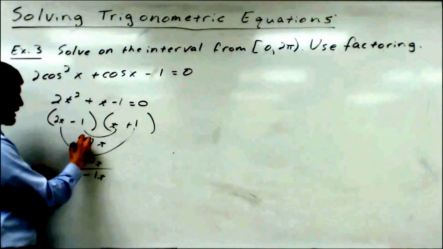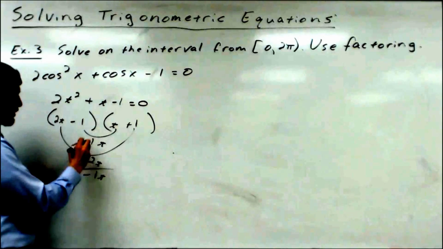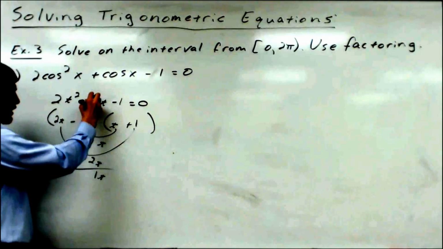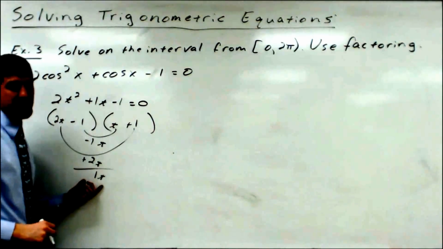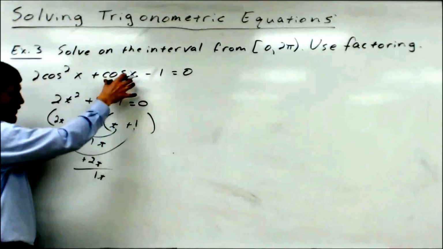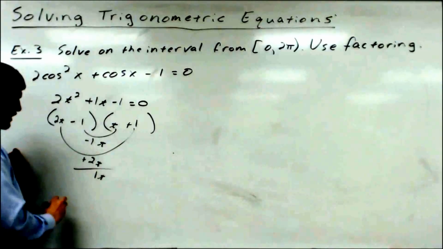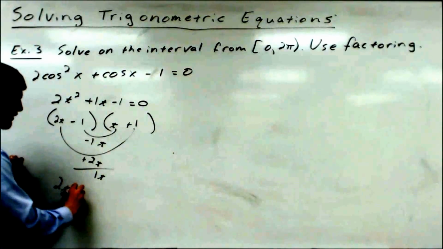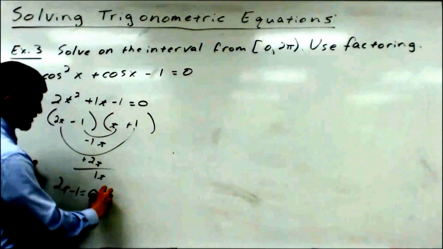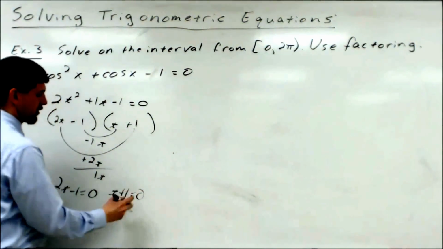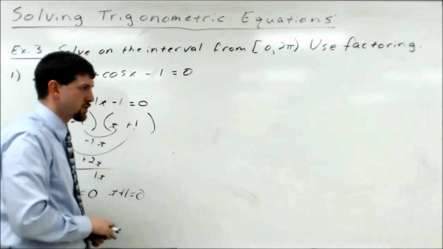So minus 1t plus 1t, or plus 2t, gives us the 1t we need for the middle. Once it's in this form, 2t minus 1 equals 0 and t plus 1 equals 0, I have a single t in each expression.